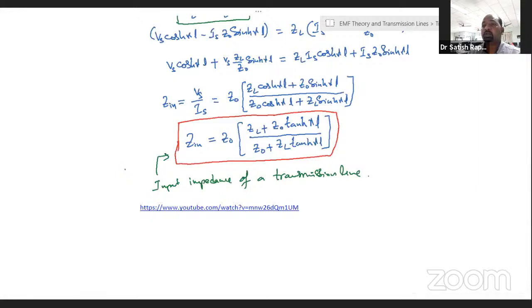I explained the procedure in detail. So this is the input impedance of a transmission line which we derived in the last class.